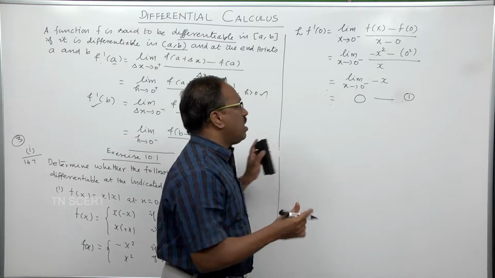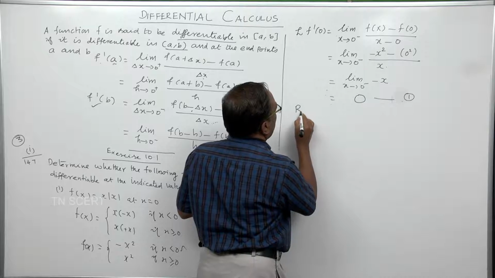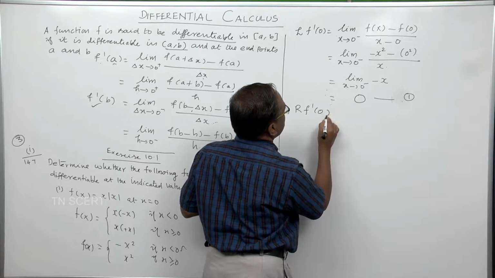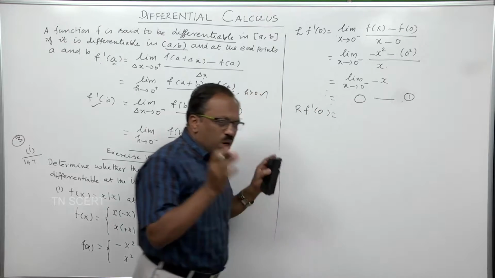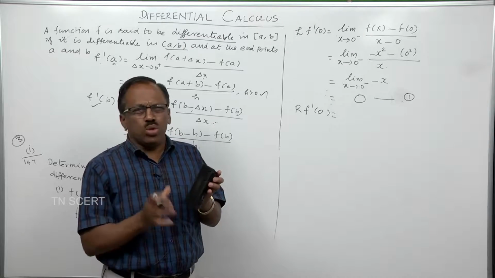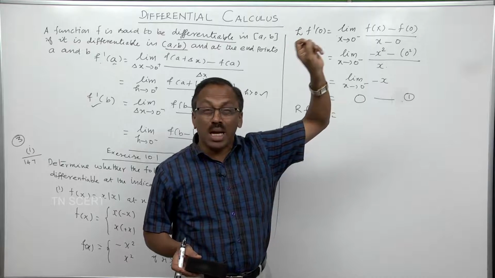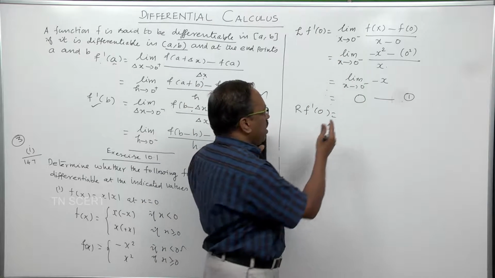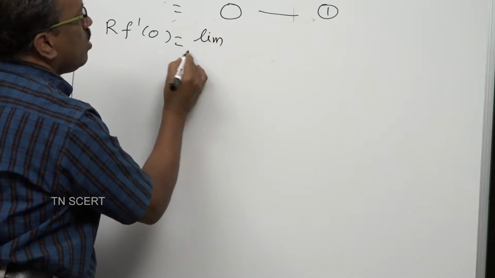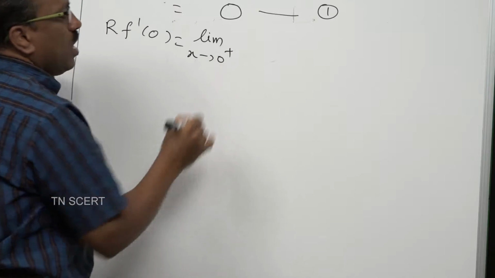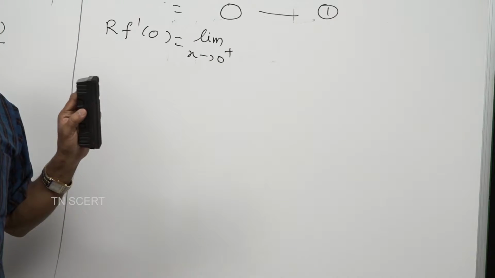Now, let me take the right hand side part, R of f dash of 0. What is the limiting point? You should remember these things. Here x tends to 0 plus, remember that, 0 plus is the right limit.